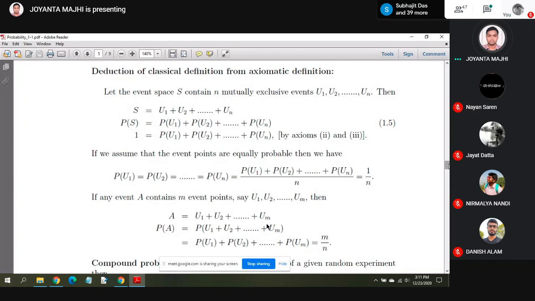As S contains n elements and there are n mutually exclusive events, therefore S is equal to U1 plus U2 and so on. Actually, plus means union. Here U1, U2 are exhaustive events, that is the union of Ui equals S.